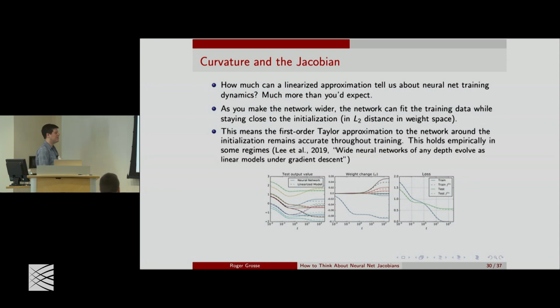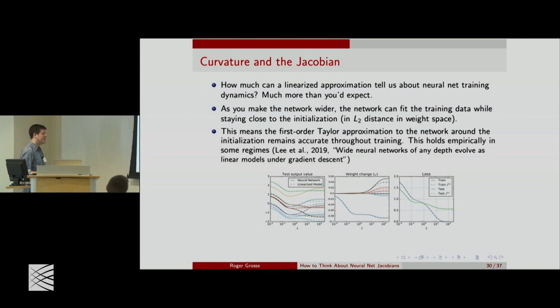And so there is this really neat empirical paper by some people at Google that looked at the training of very wide convnets. There are a few things that are kind of atypical about the training regime. You had to use very wide networks, very small learning rates, and full batch training. So it's not really a practical training regime, and it doesn't do quite as well as how we normally train these networks.